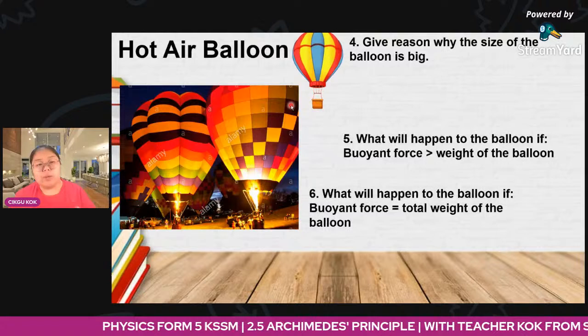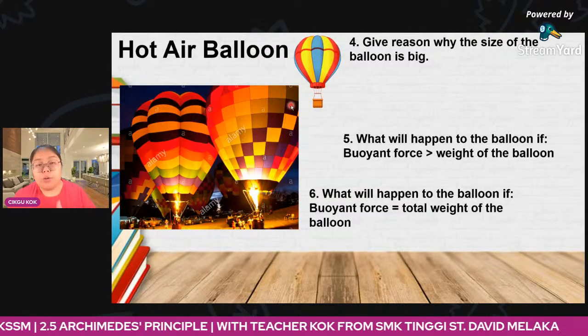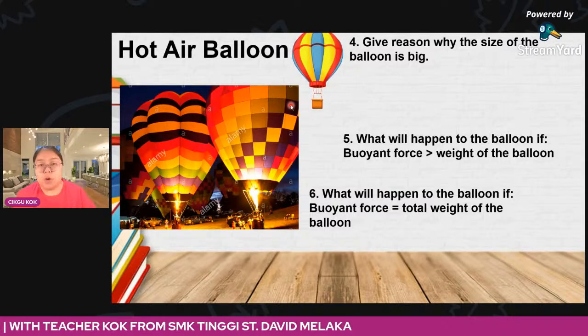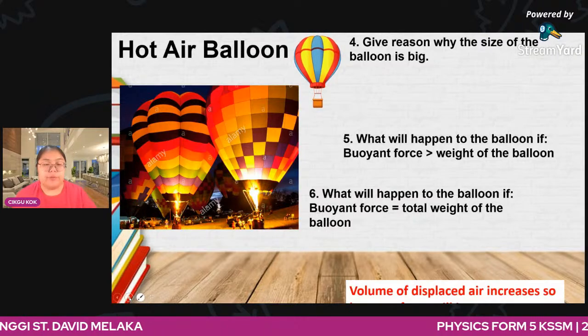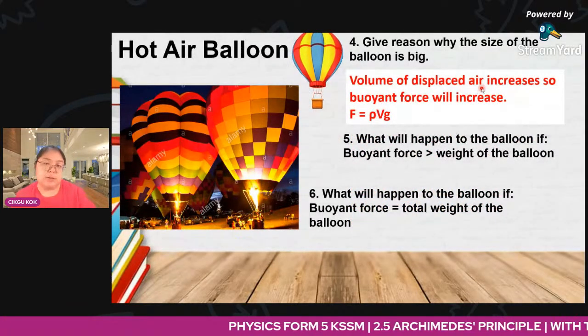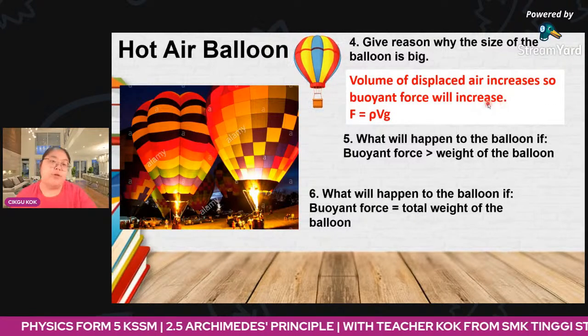When the volume increases, following the formula V rho g, the whole buoyant force will increase. That's why the hot air balloon goes higher and rises up more. So the reason is the volume of the displaced air increases when the balloon is big enough, so the buoyant force will also increase.